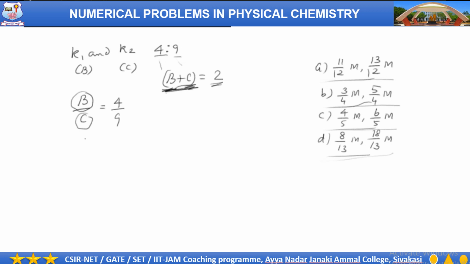Therefore, it is now very easy for you: 4 by 9 into C. Here B is equal to 2 minus C at time T. Therefore, instead of B at T, you should substitute 2 minus CT equal to 4 by 9 CT.